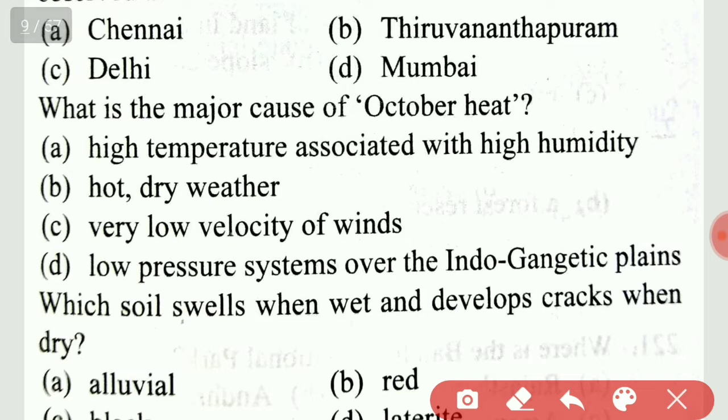What is the major cause of October heat? The right option is option A, high temperature associated with high humidity.